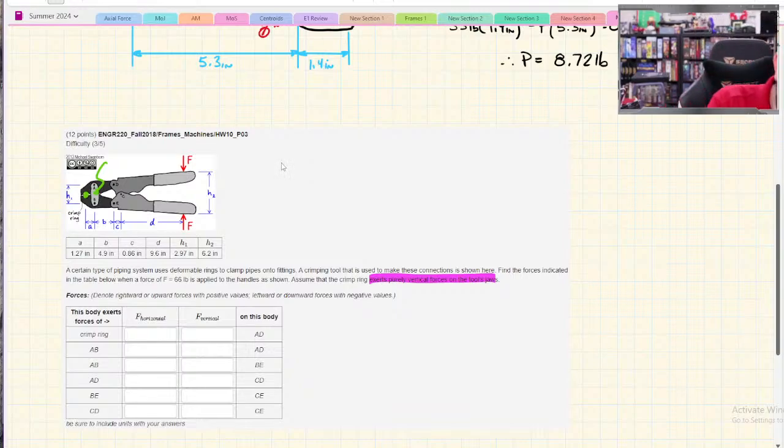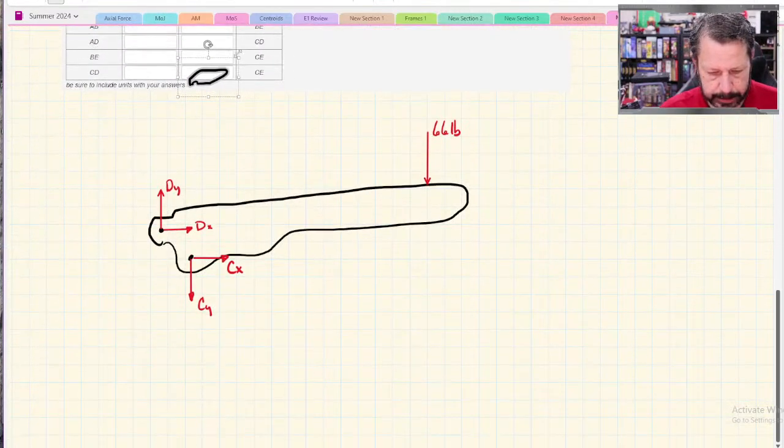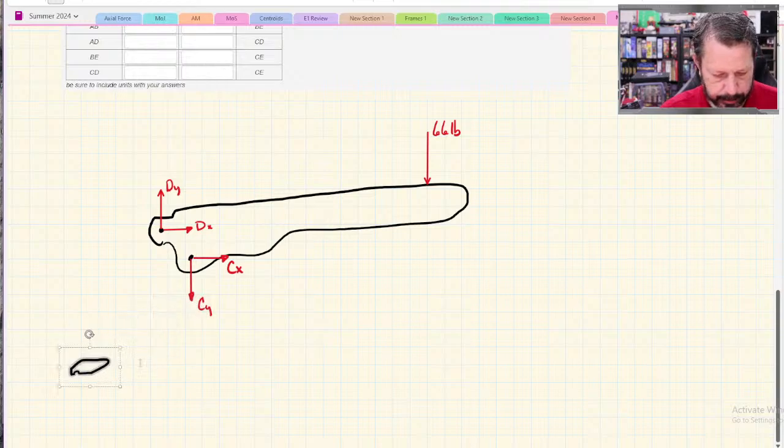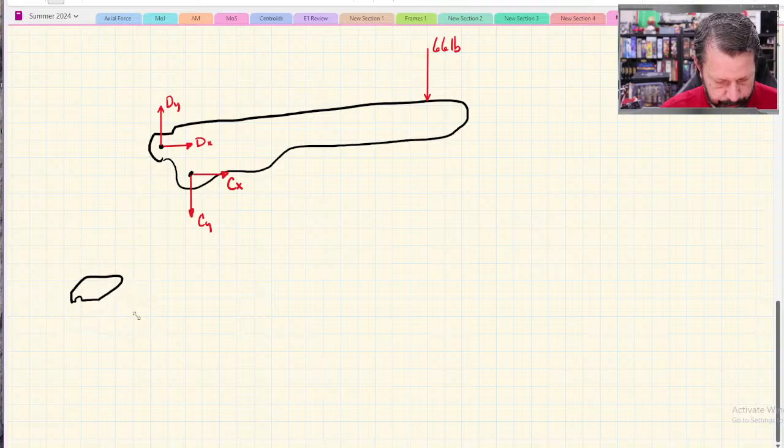So this piece, let's get rid of this. I'll trace this little guy and move him down here with our other pieces. Enlarge it so it's somewhere near the same scale.